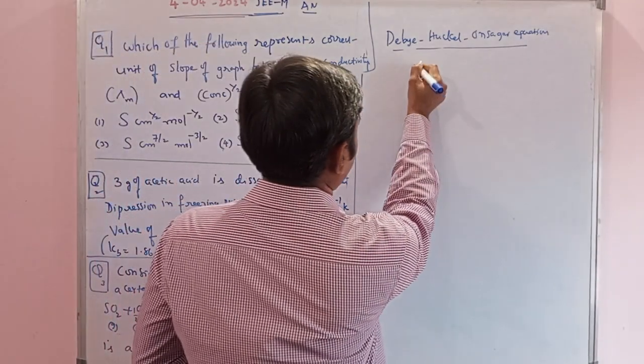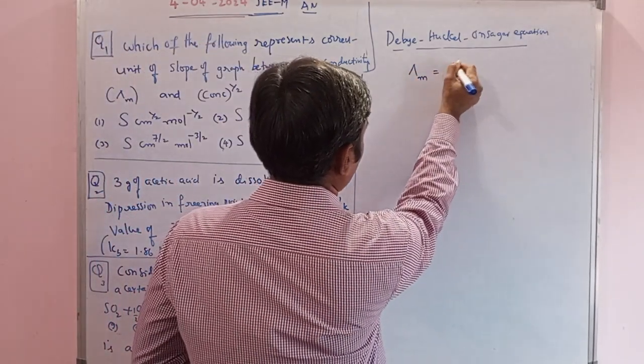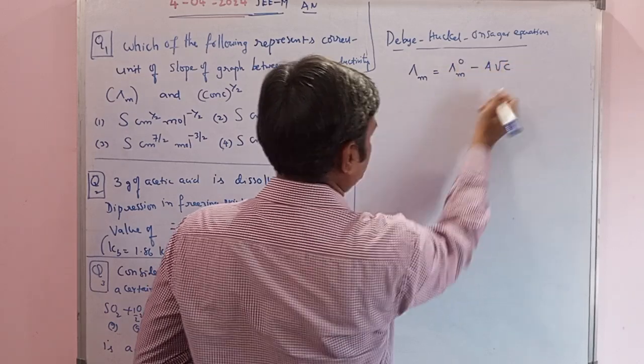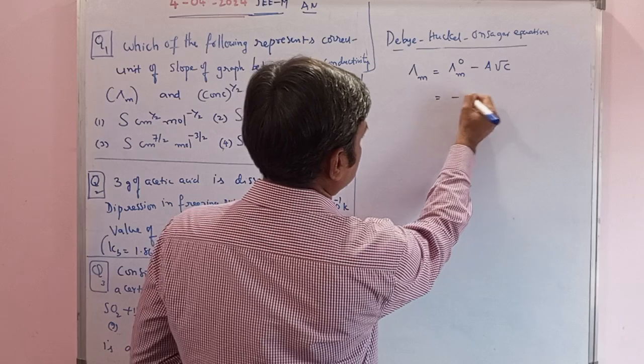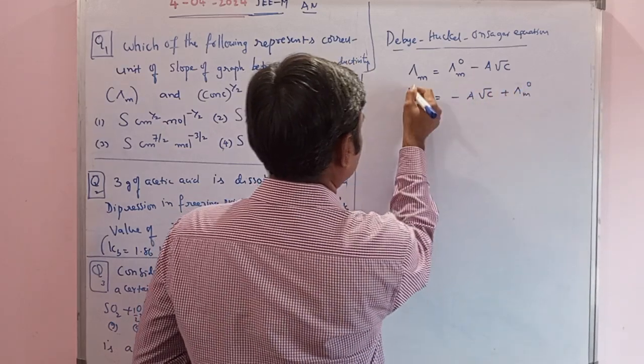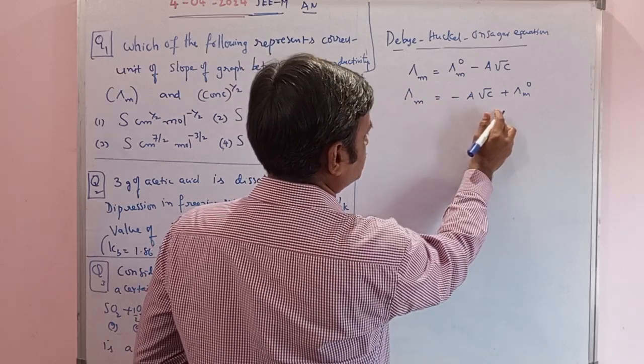That is lambda m is equals to lambda m naught minus a into root c, or else you can also write this as minus a into root c plus lambda m naught, that will become lambda m.